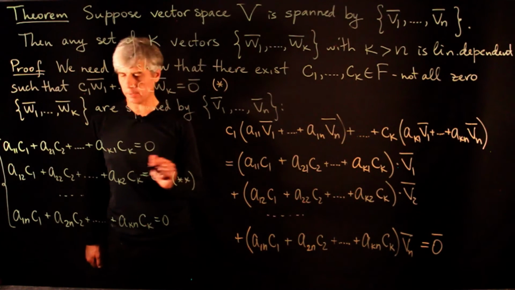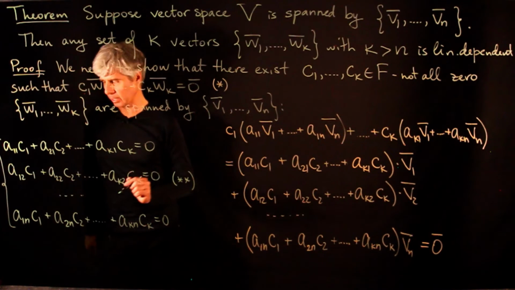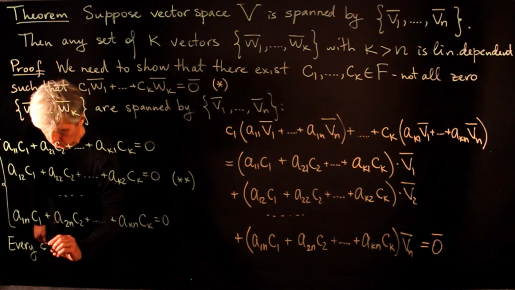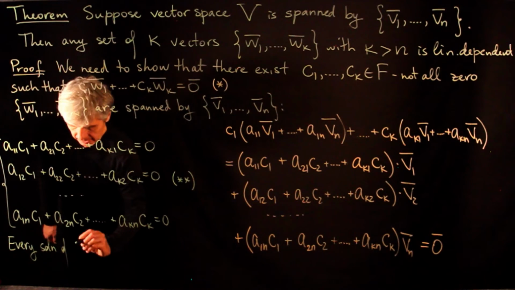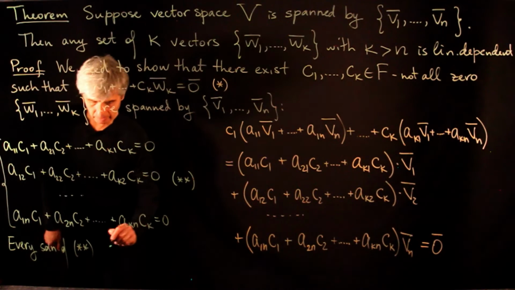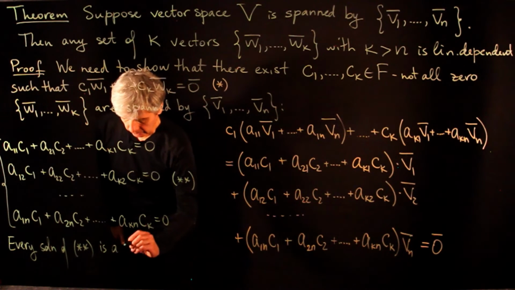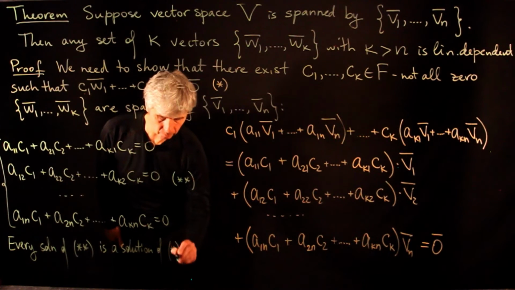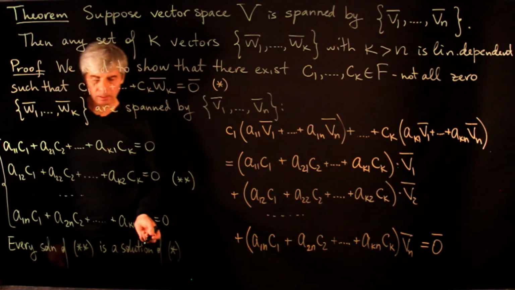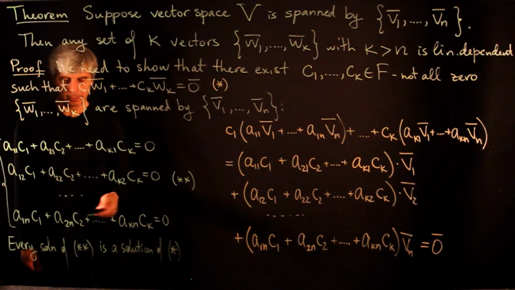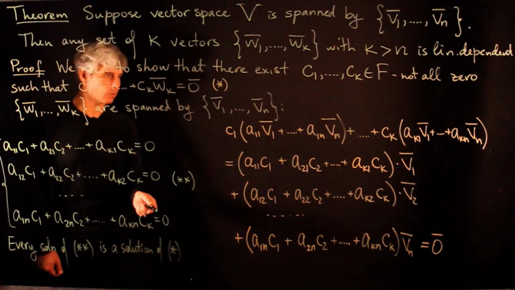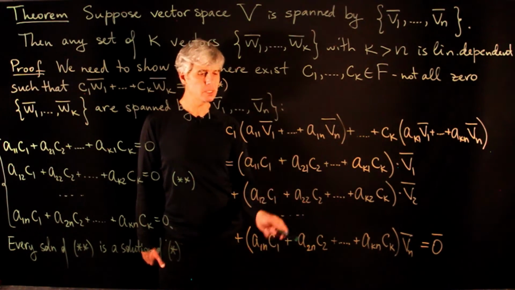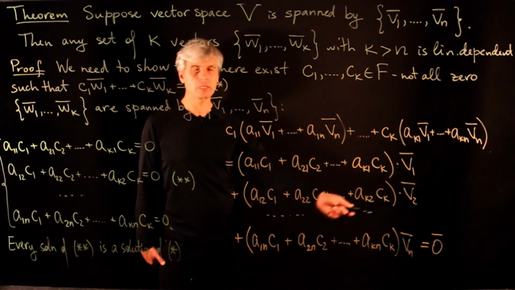We call this system (**). Every solution of this system (**) is a solution of this vector equation, because if all of these are equal to 0, then all coefficients on the left are also 0, and immediately we get that the left-hand side is equal to 0.